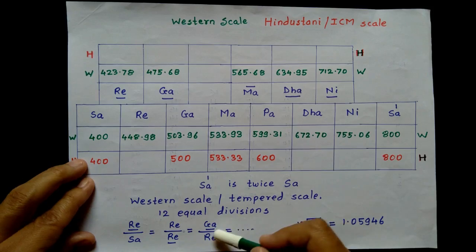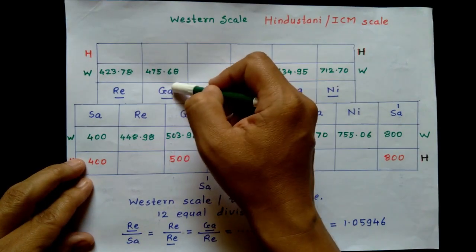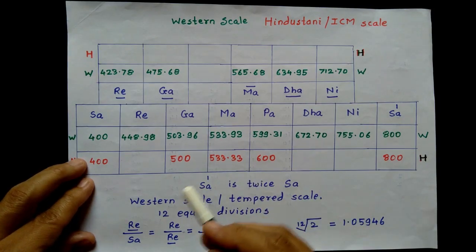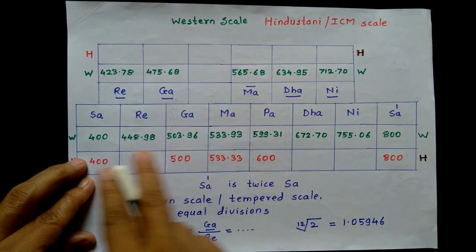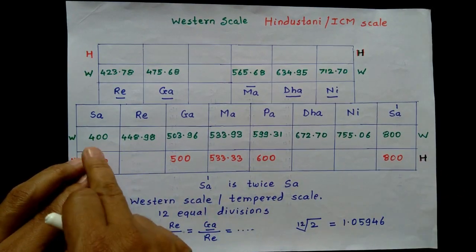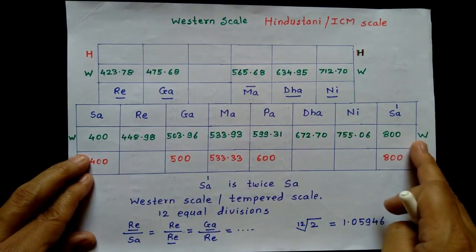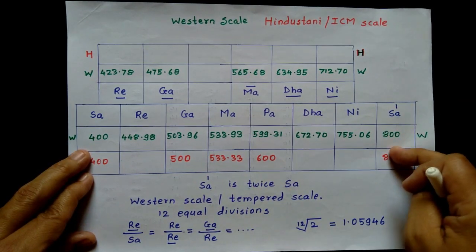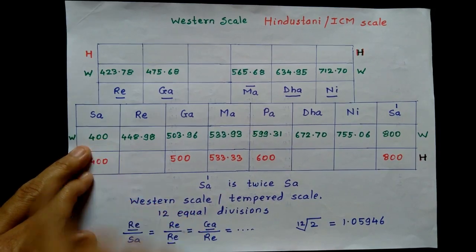That is equal to the ratio of komal ga to shuddha re. So the ratio of successive notes is maintained in the Western scale, and there are 12 divisions between sa and upper sa, and upper sa is exactly twice the sa reference.